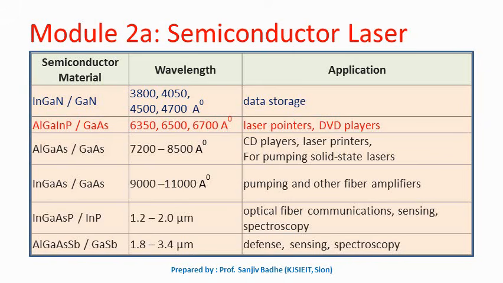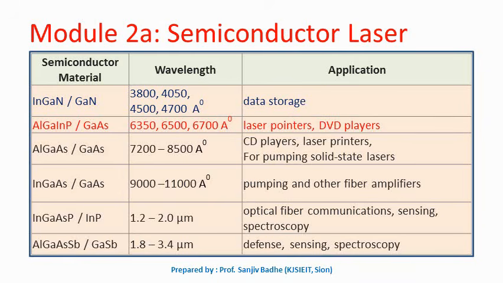Silicon and germanium are indirect gap semiconductor materials, and for them the energy gap is such that the radiation given out carries a wavelength which doesn't lie in the visible region, and it is often experienced in the form of heat.